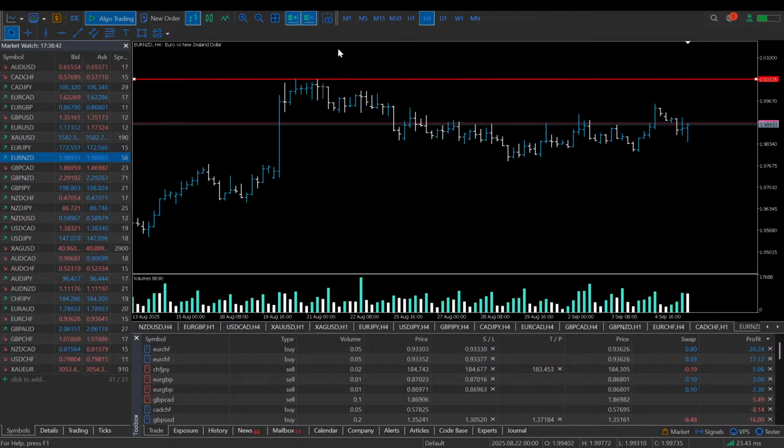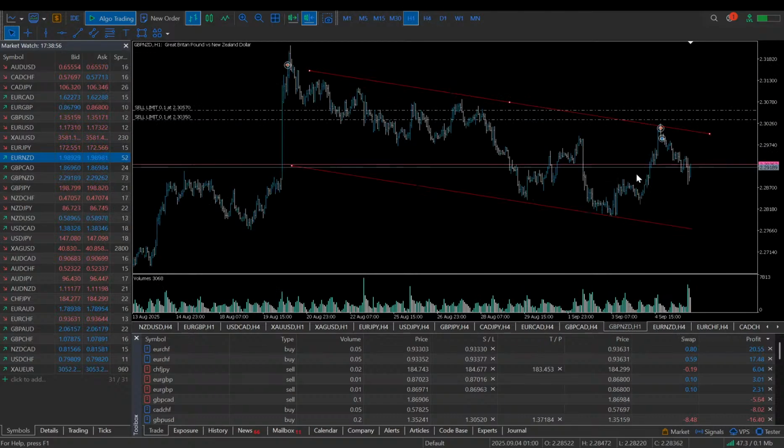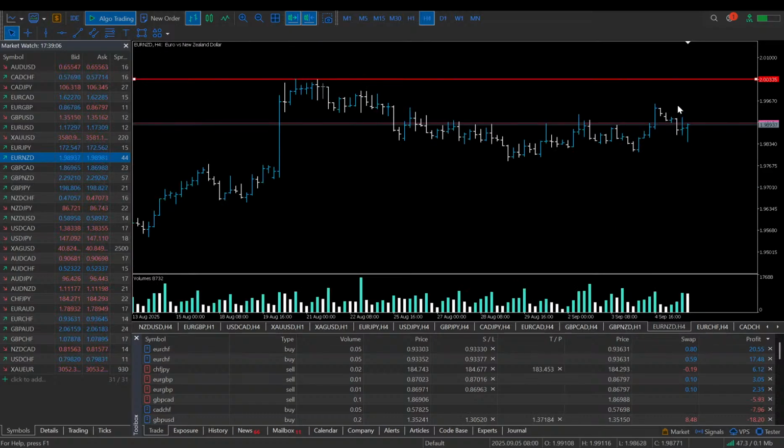So we set a pending order, and I think we did, right, traders? We set the pending order for Euro NZD, and we did set one for GBP NZD as well, but we deleted it because profit was taken. And now there is a chance that Euro NZD might want to push higher.